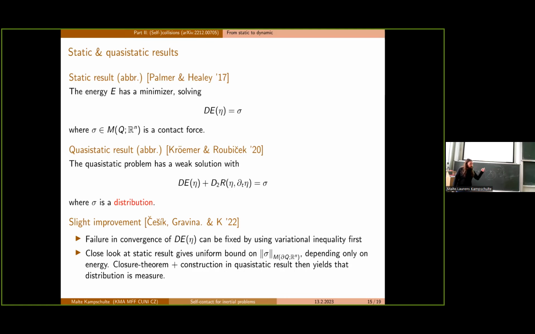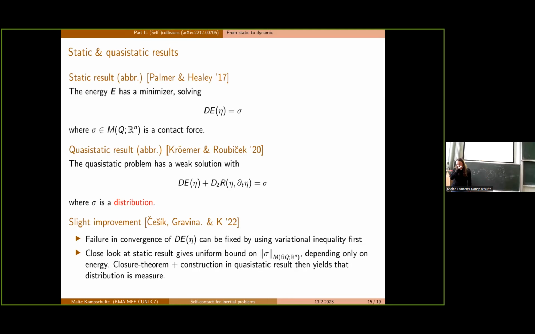But the trick is, if you look carefully, then you can kind of do this monotonicity with only what happens in the interior of the solid. It's enough to be able to test with something that's supported in the reference configuration. But in the reference configuration, all test functions are fine.